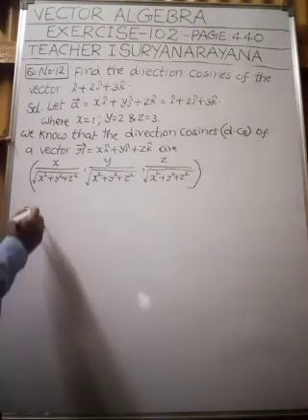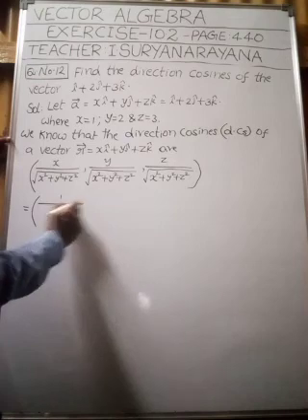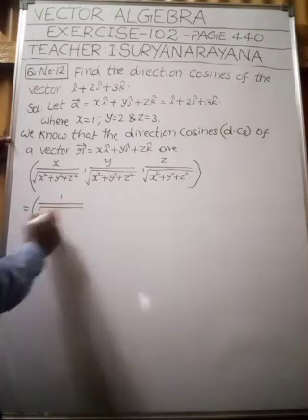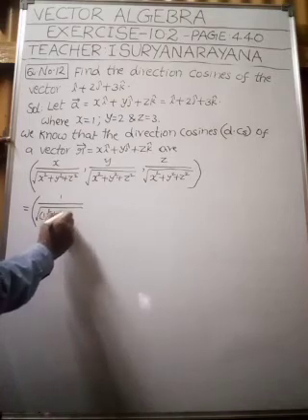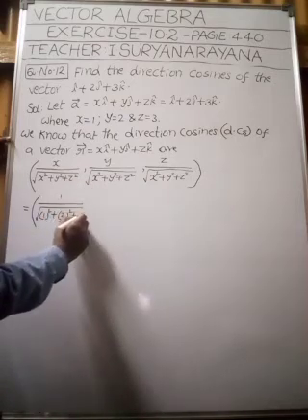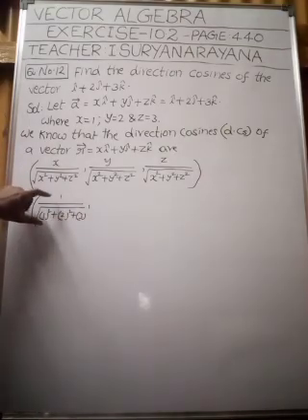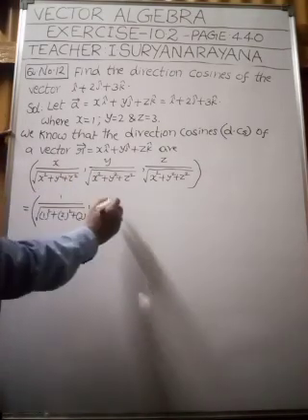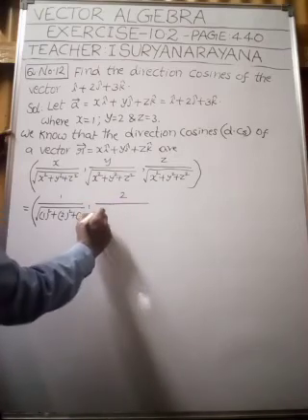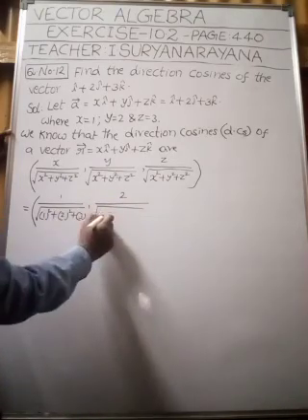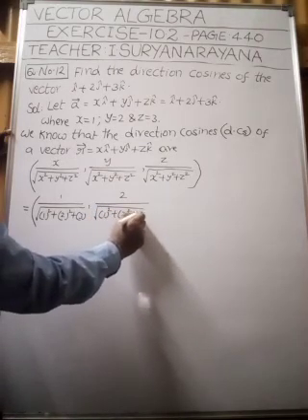Okay, my children. So x is 1 by square root of 1 whole square plus y 2 whole square plus z 3 whole square. Okay, my children, understood this x coordinate. Next y coordinate. y is 2 by square root of, we write the same, 1 square plus 2 square plus 3 square.